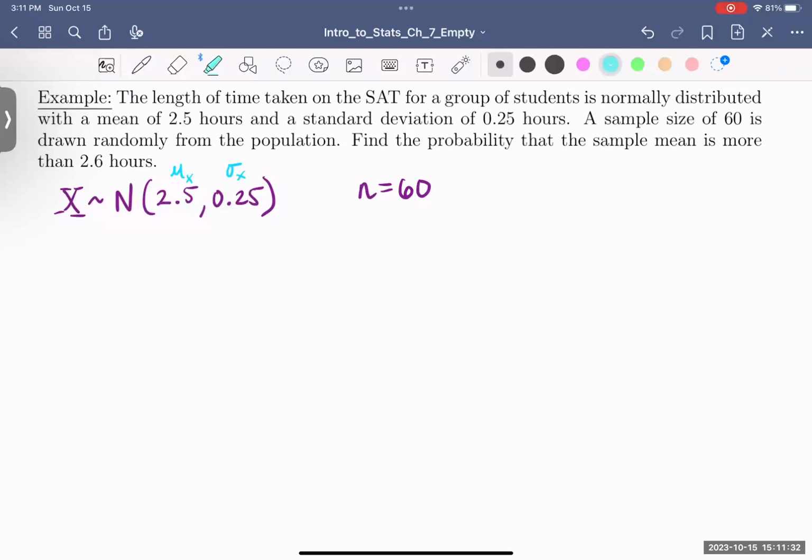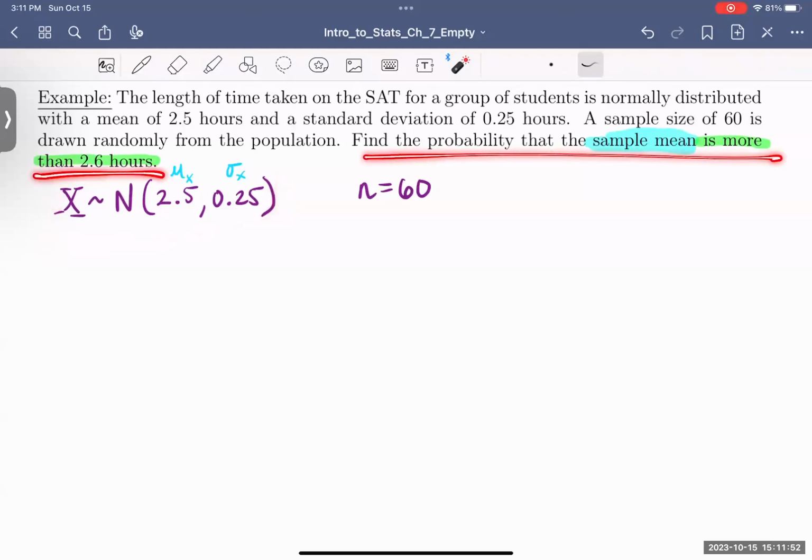Find the probability that the sample mean is more than 2.6 hours. Even though the original is normally distributed, I'm not using this distribution to calculate this probability, because they're not asking me about one randomly selected student.